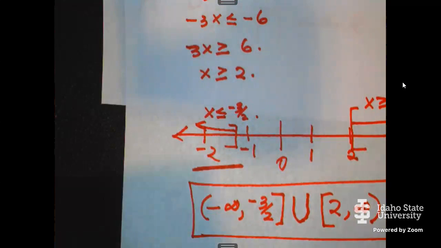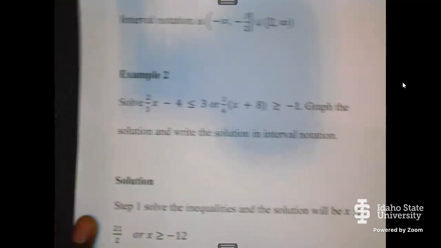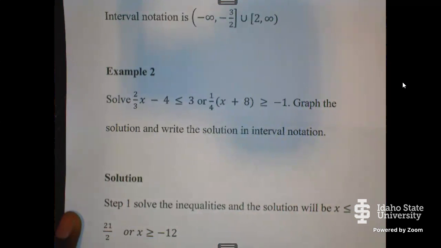Okay, try this. 2/3x minus 4 less or equals to 3 or 1/4x plus 8 greater or equals to -1.